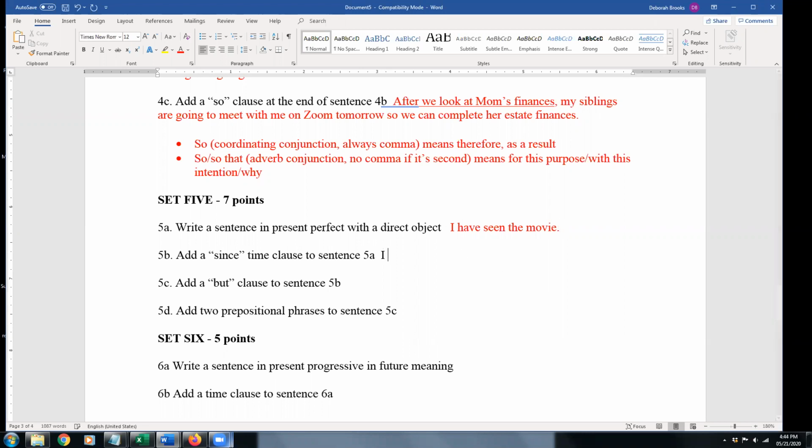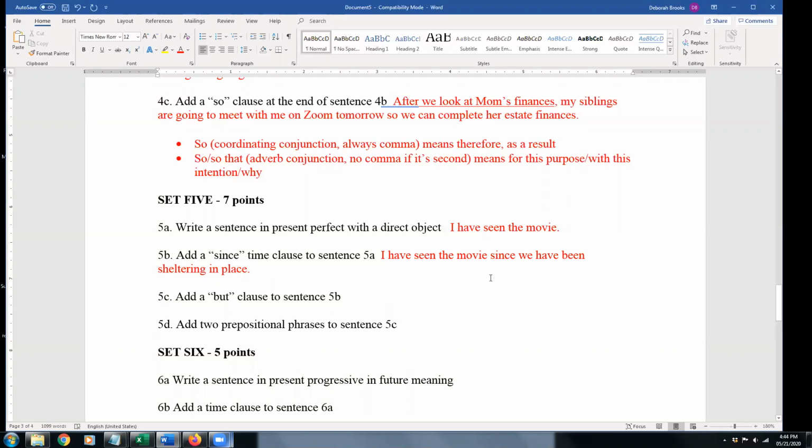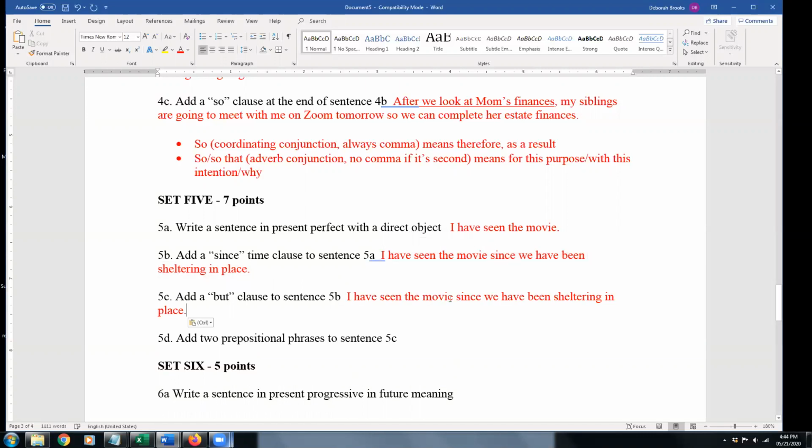Since I have that in red here, I have seen the movie since we have been sheltering in place. Right, so that's since time clause. When I put the since at the end, there is no comma. If I put the since at the beginning, there is a comma.